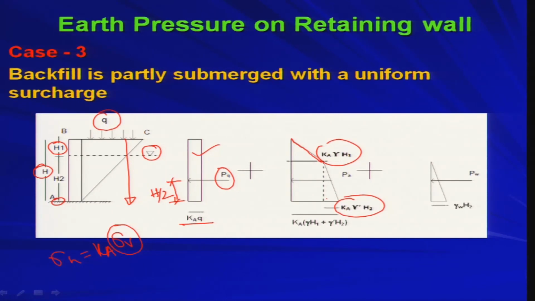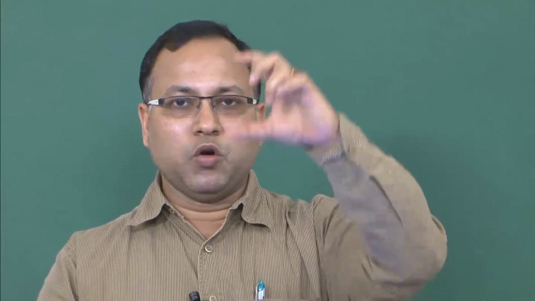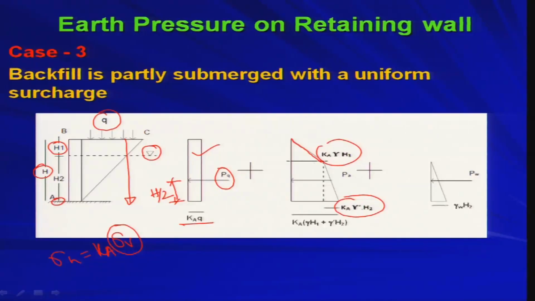The soil is submerged from H1 to H. So, at the depth H2, the whole depth the soil is completely submerged. So, that pressure is basically Ka into gamma prime into H2. So, this is the total pressure distribution, a bilinear distribution.